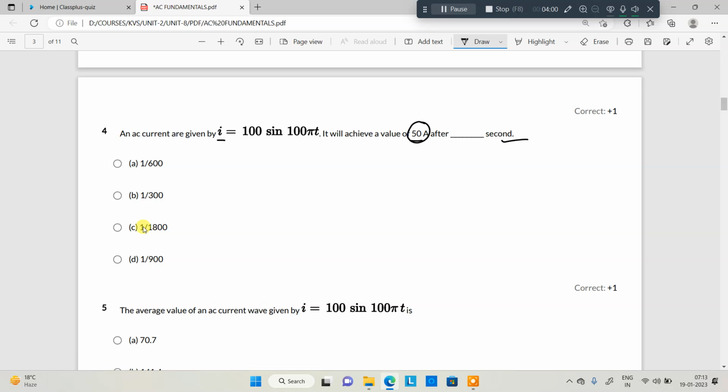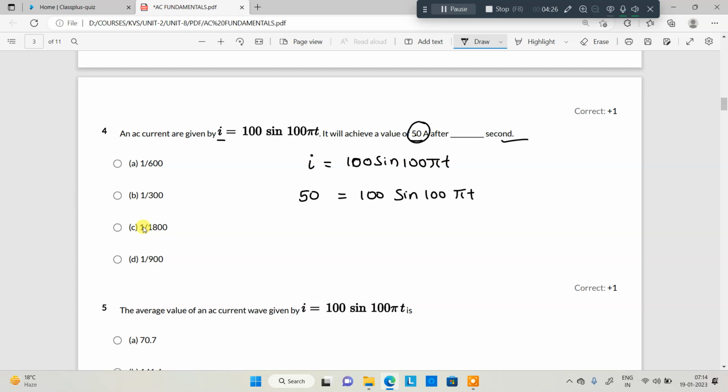This type of numerical example is already explained in the conventional problem part in our mobile app. We'll see the solution now. In this case, I equals 100 sin omega t, that is sin 100 pi t, right? What is the I value? 50 is equal to 100 sin 100 pi t, right?